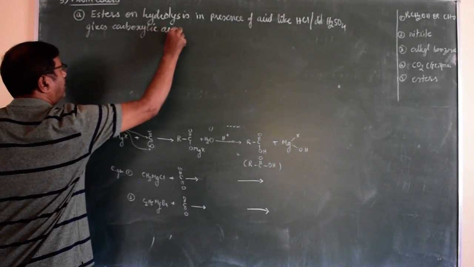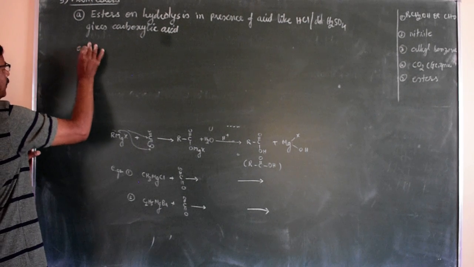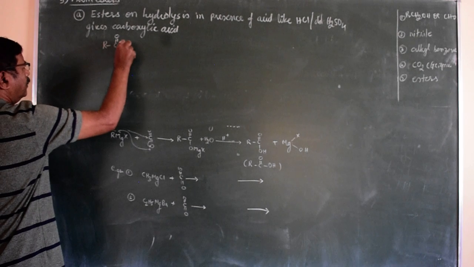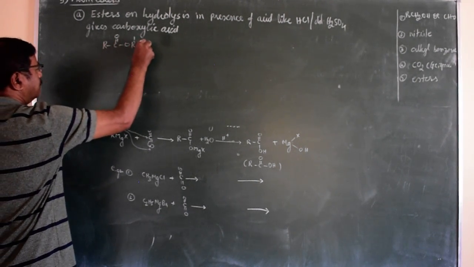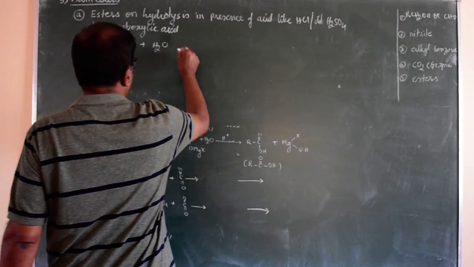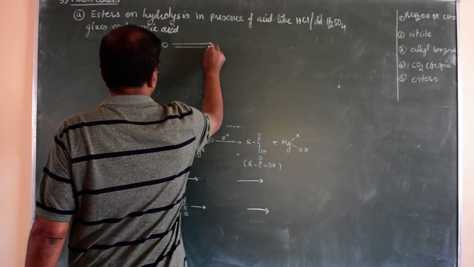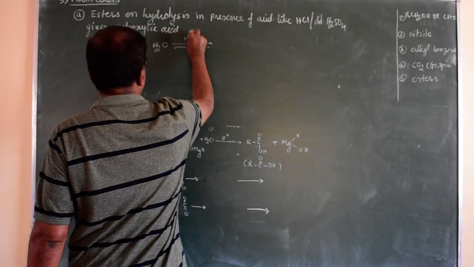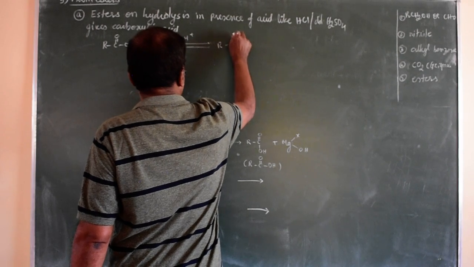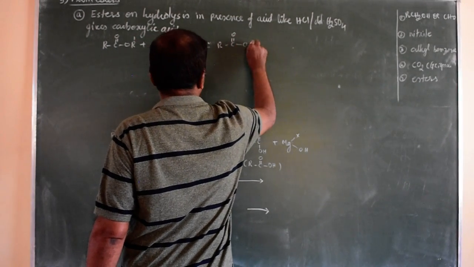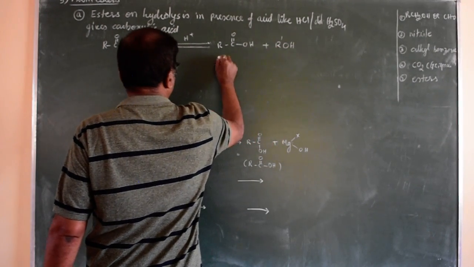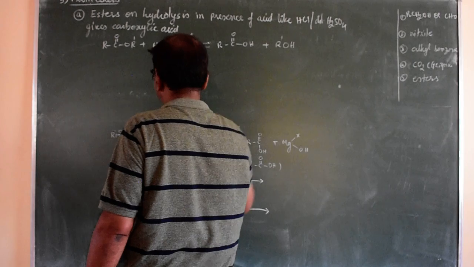Before writing an example, I am writing the general equation: RC double bond O OR dash plus H2O. In presence of this H plus, it's a reversible reaction. The products formed are R C double bond O OH and R dash OH. This is carboxylic acid and this one is alcohol.